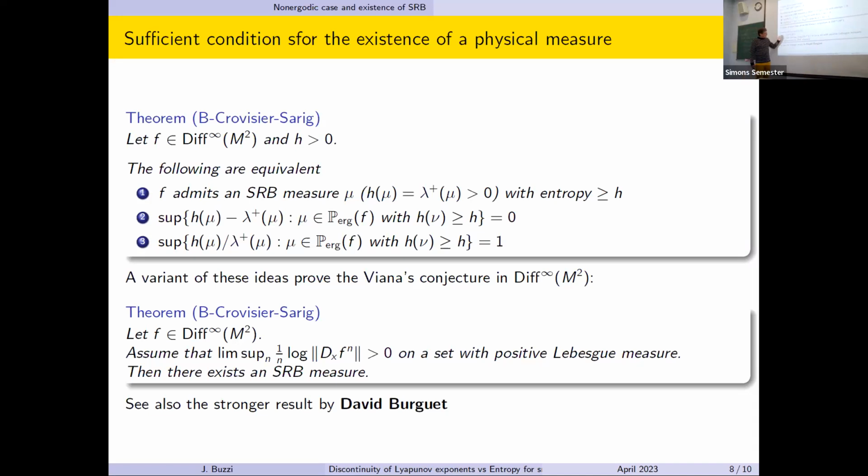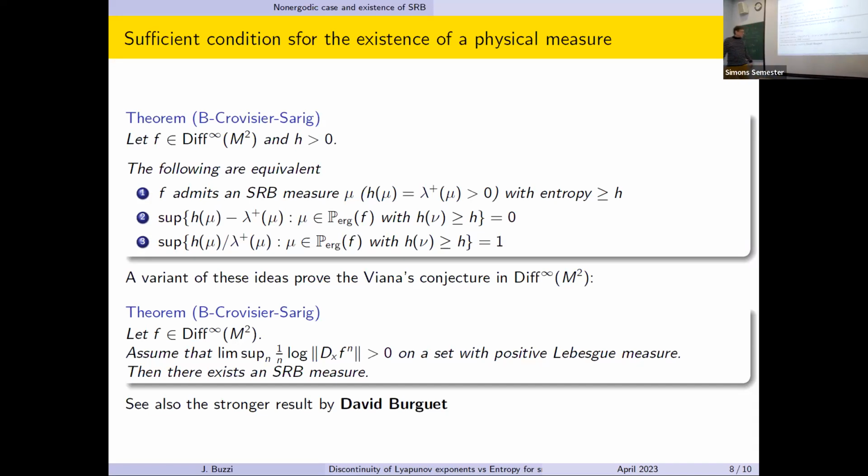What is the condition? You have a positive Lyapunov exponent almost everywhere, in a weak sense: you look at the limsup growth rate of the norm of the differential. You assume it is positive on a set with positive Lebesgue measure, and then we can prove that there exists an SRB measure.